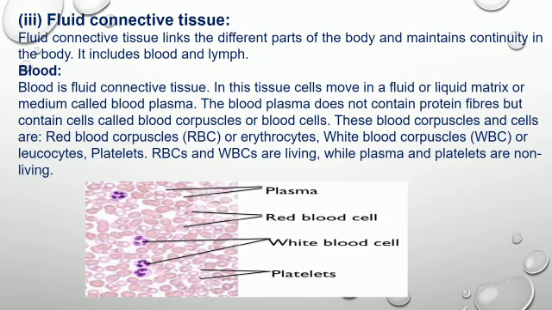The blood plasma does not contain protein fibers but contains cells called blood corpuscles or blood cells. These are red blood corpuscles or RBC or erythrocyte, white blood corpuscle or leukocyte, and platelets. RBC and WBC are living while plasma and platelets are non-living.